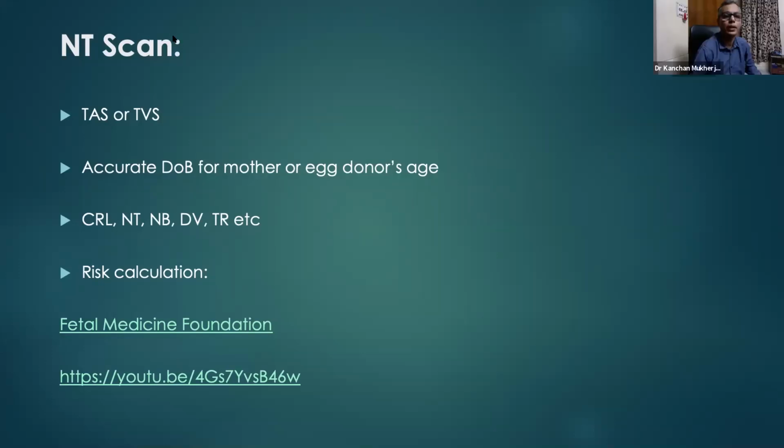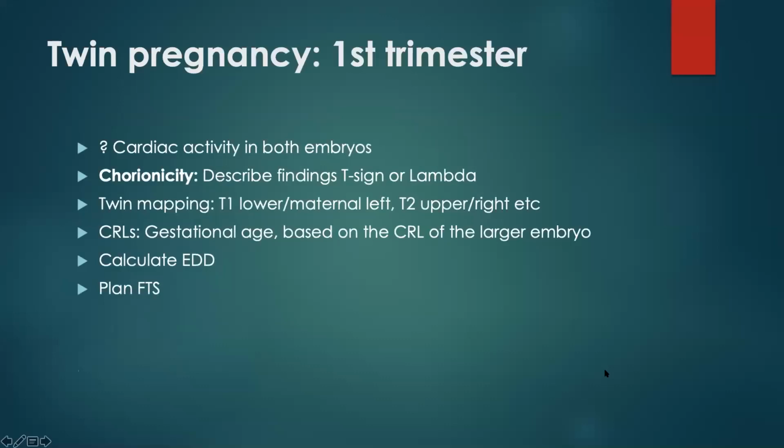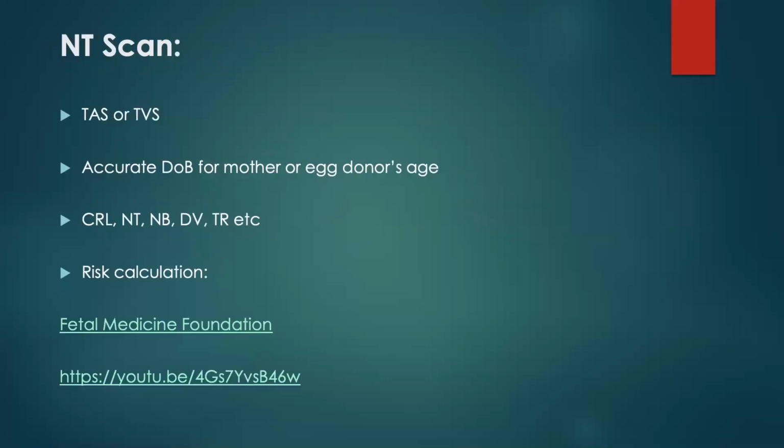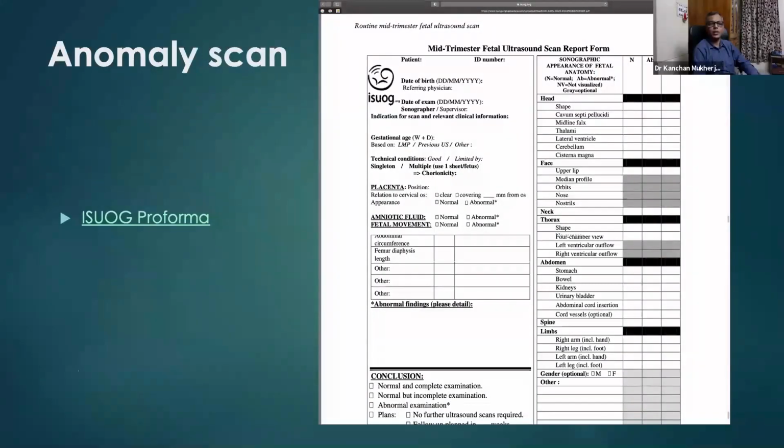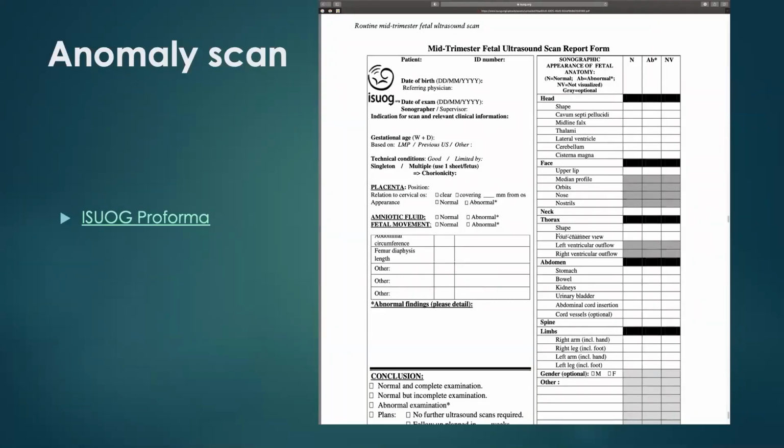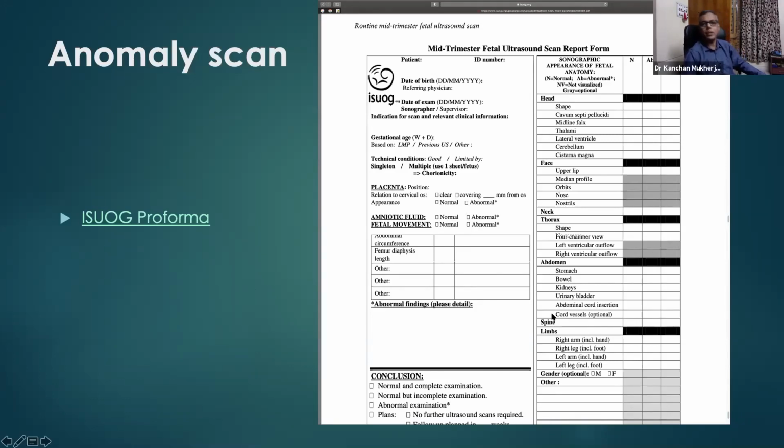Okay, go back one slide. Now start again. Type, then go to the front side, then go to the next one. Yeah, that is working, but whenever I click on the internet, it is not showing up. Okay, now it's showing. Fine. This is the anomaly scan. Again, I have a hyperlink, but it is not functioning. I thought that would also be seen by all of you. Anyway, if it does not work, fair enough, no problem.